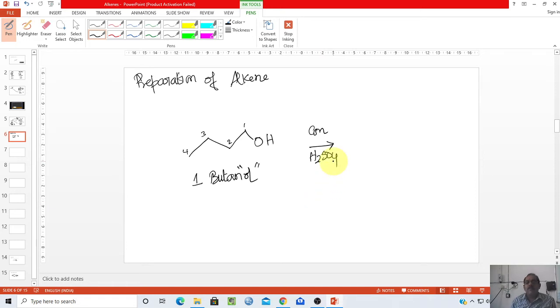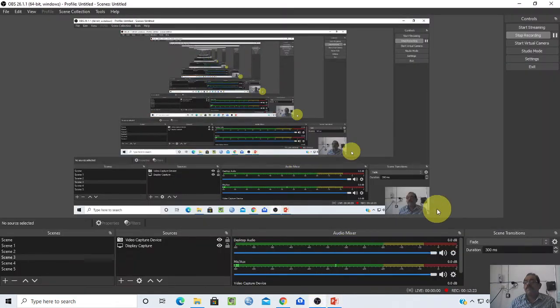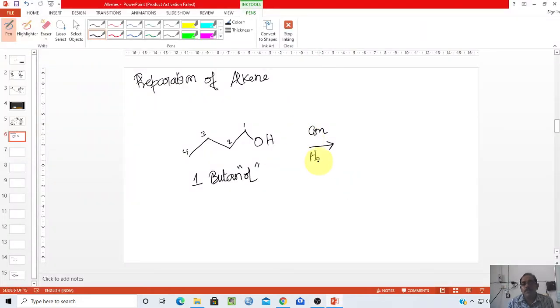The S and oxygen should be of approximately the same size.